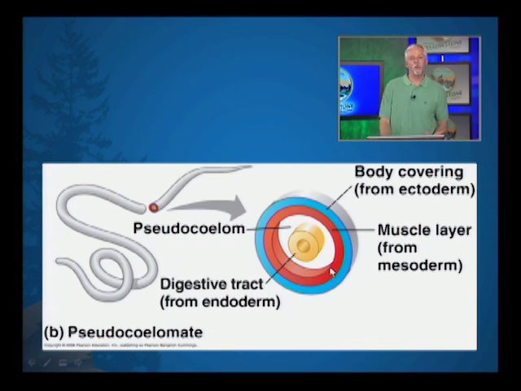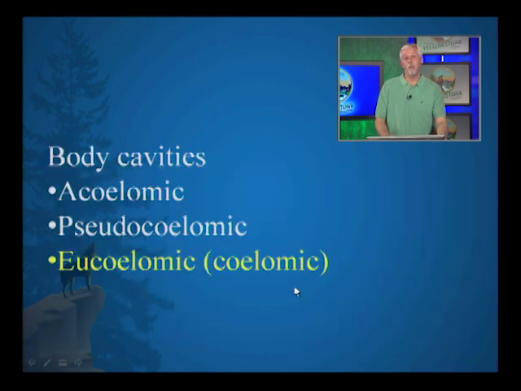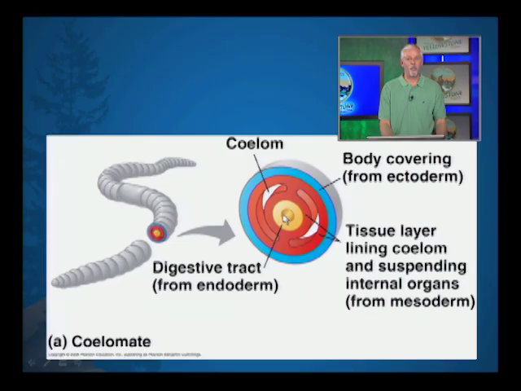But what makes it a pseudocoelom is that only the outer body wall is lined by mesodermal tissue. So again, they do have a space, but they don't have a space that's completely lined by mesodermal tissue. Only the outer wall is lined by mesodermal tissue. So they would have muscle and connective tissue out here. And then the most advanced types of animals like you and I are eucoelomic, or have a true coelom, a true body cavity. And so we have our digestive tract running through the body.